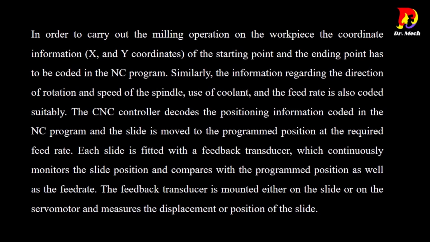Similarly, the information regarding the direction of rotation and speed of the spindle, use of coolant, and the feed rate is also coded suitably. The CNC controller decodes the positioning information coded in the NC program, and the slide is moved to the programmed position at the required feed rate.